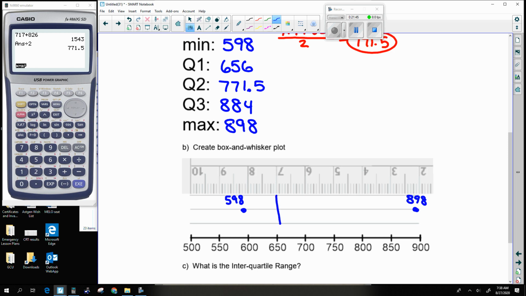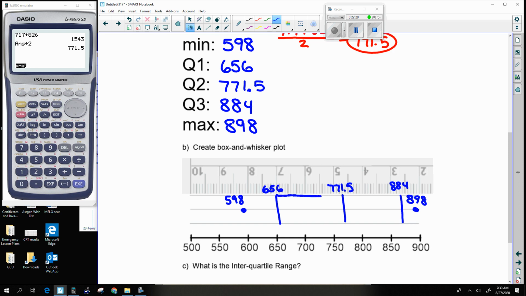Again, label it. 771 is kind of in between the 750 and the 800. And then I have the 884, which again is real close to the 900.